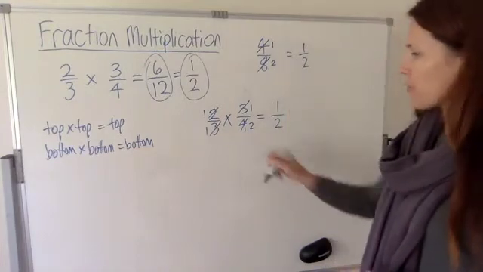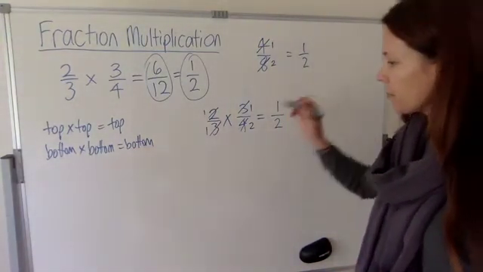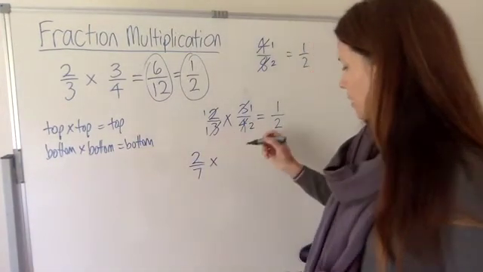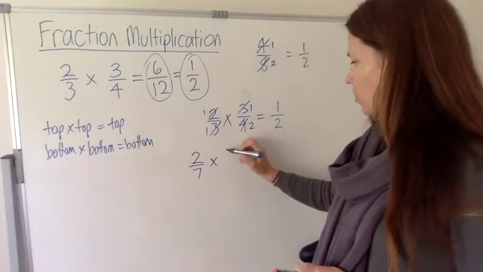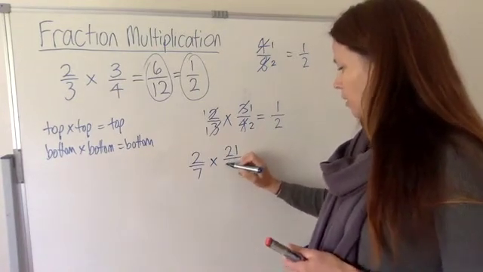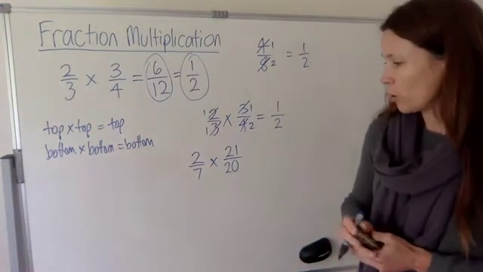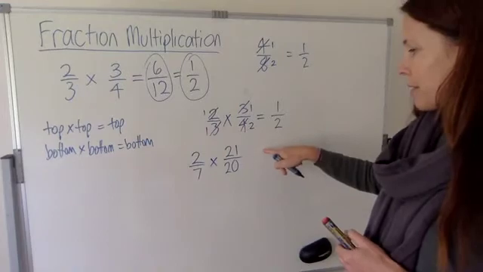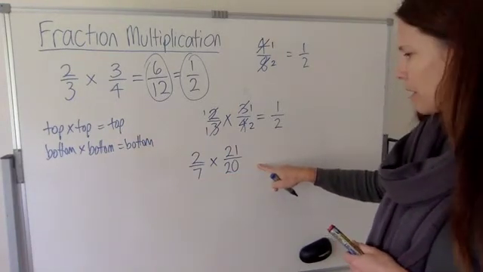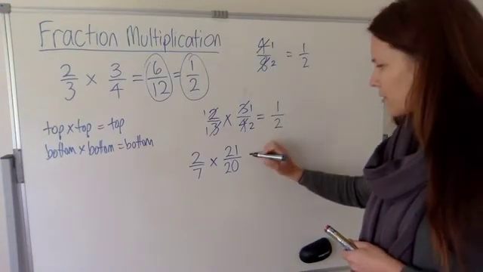Let's look at one more example where we can do this cancelling so that we can get our best answer nice and easily. If we have 2/7 times, what should we do? 21, should we have 20ths? All right, we could do 2 21s is 42 and 7 20s is 140, but then we've got some really big numbers that we have to cut down at the end to simplify.